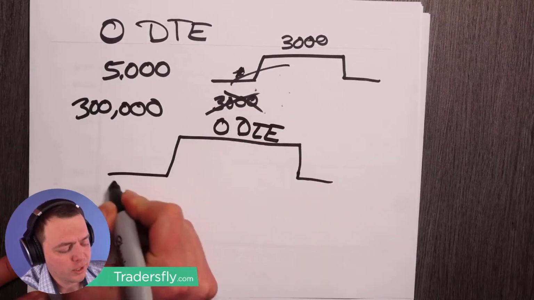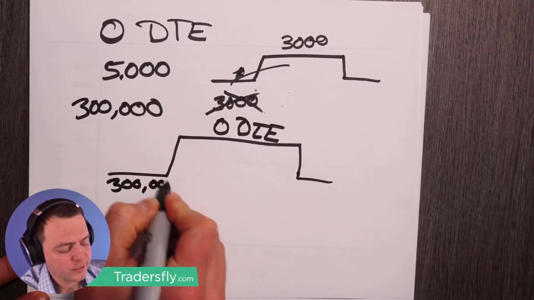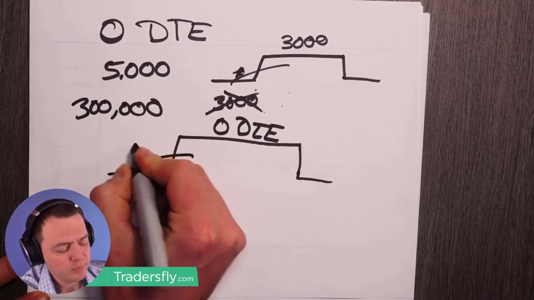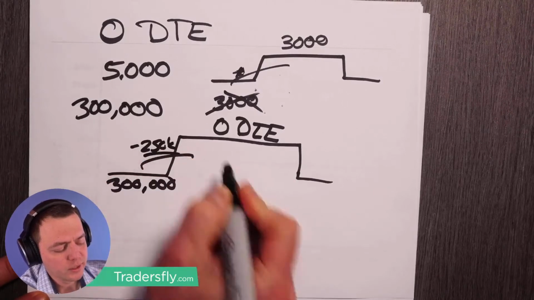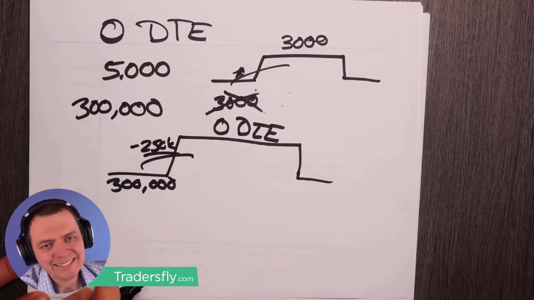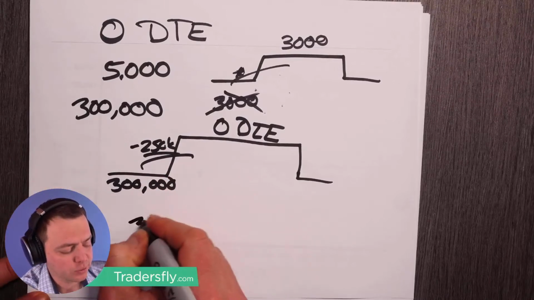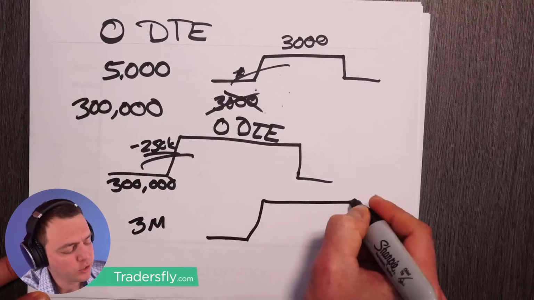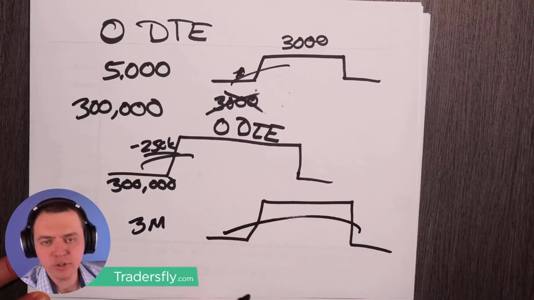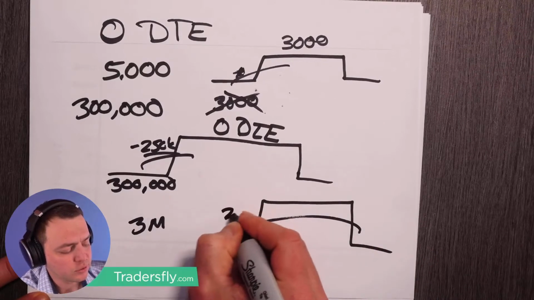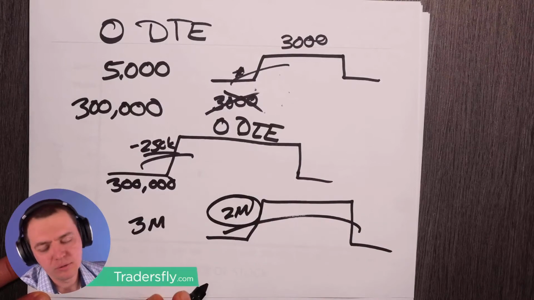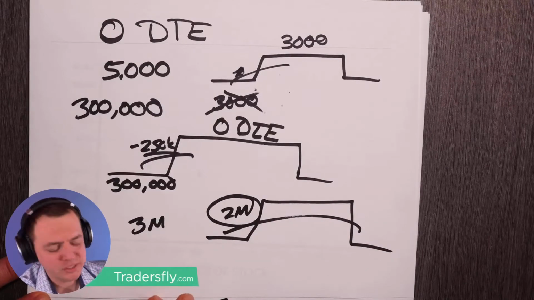All it takes is for this thing to go down. Maybe you're down 250 grand in one trade, and that is nasty. So you need to be very mindful. Now let's take that to a $3 million account. Are you going to do $3 million on a 0 day trade where you can blow, let's say, $2 million worth of it? No, that's not smart. That's not good risk management.